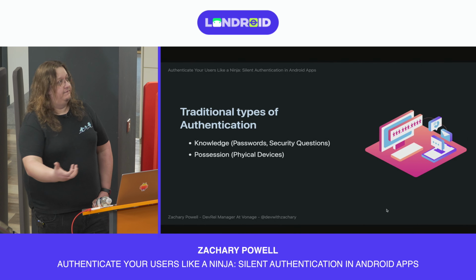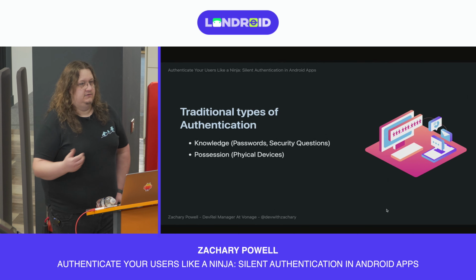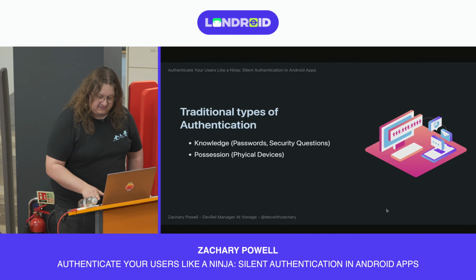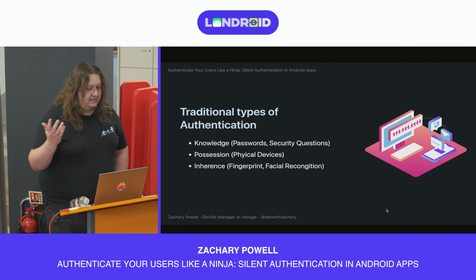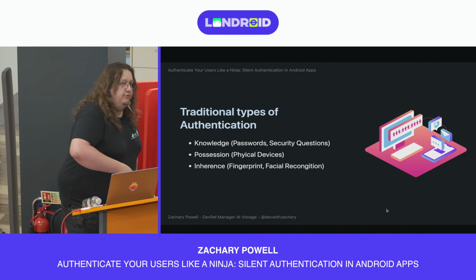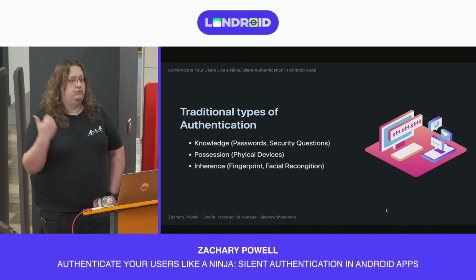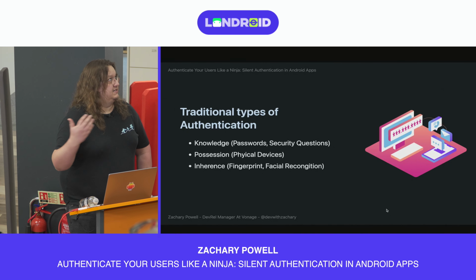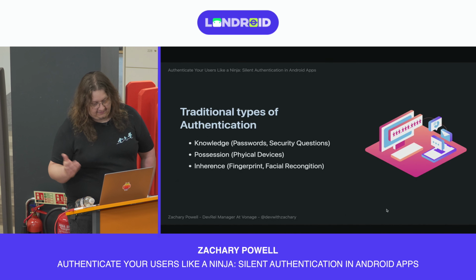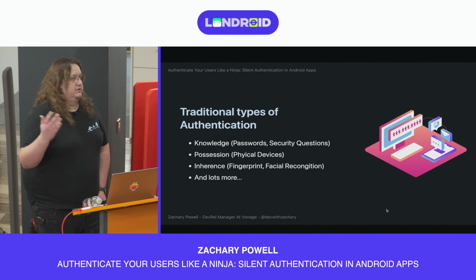They might need to have a phone that's registered to that system and use that to authenticate. You have to physically have something. It can also be inheritance-based, so you have to use a fingerprint or facial recognition or something that's unique to that person physically. So again, another way of proving that that person is who they say they are, in theory. And lots and lots more.